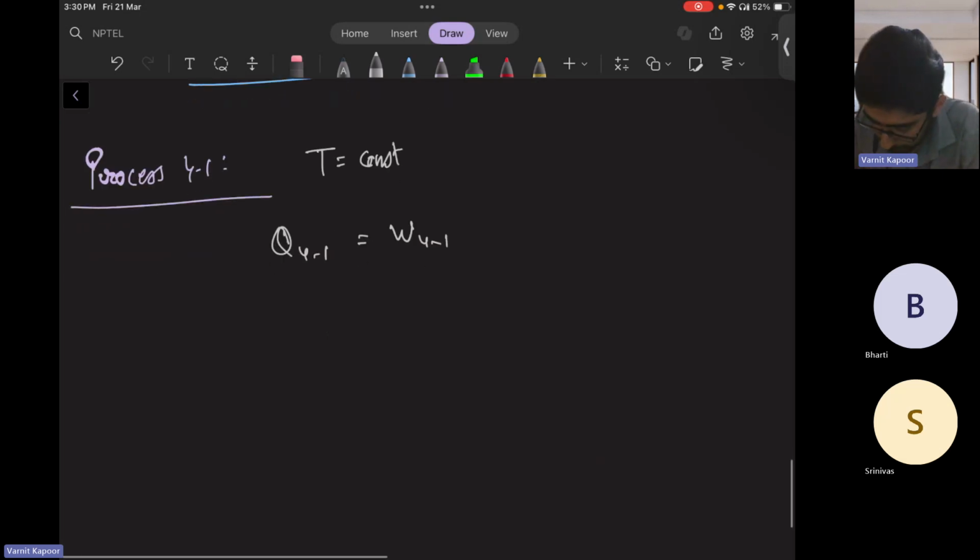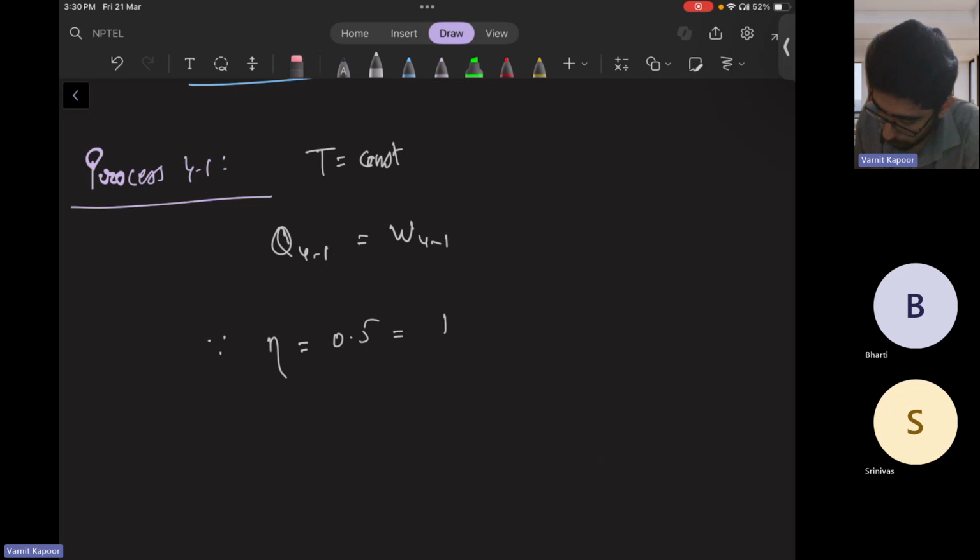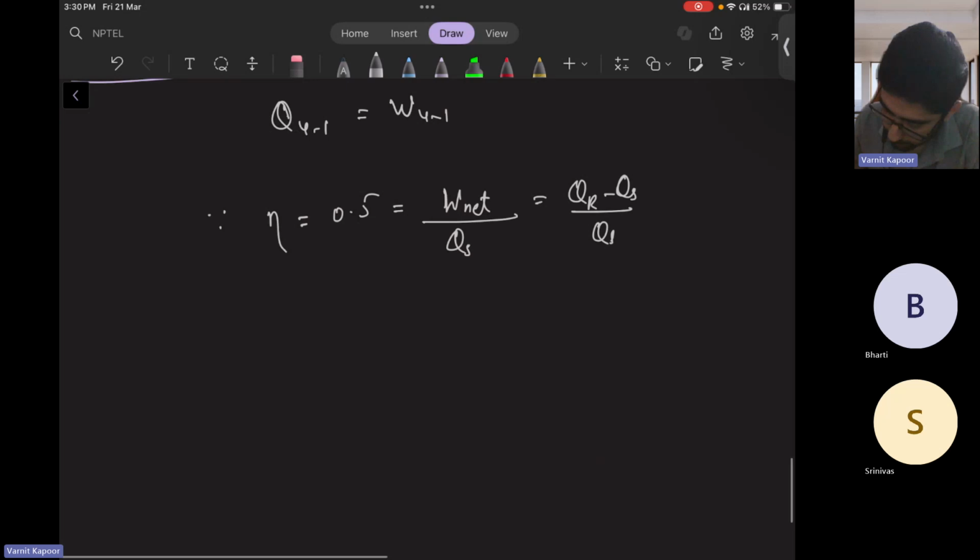We know that efficiency is 0.5, and that is nothing but work net of the cycle to that of Q supplied, and work net is Q supplied minus Q rejected.